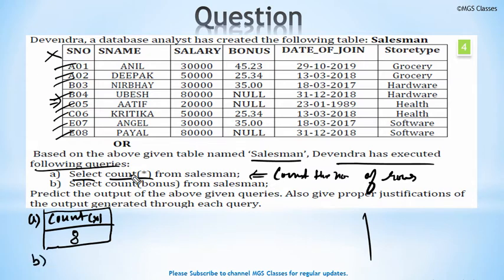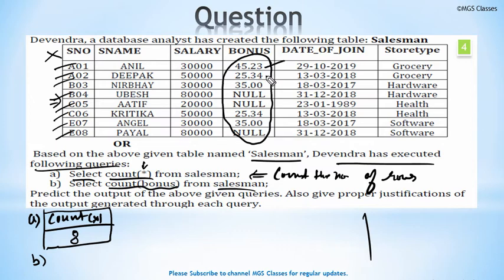Now what will be the output of select count bonus from salesman? Here we are not using star in the second portion, B portion. Here we are interested only in counting the values inside the bonus column. If you apply the count function on any column, it will only count the non-null values, excluding null values.